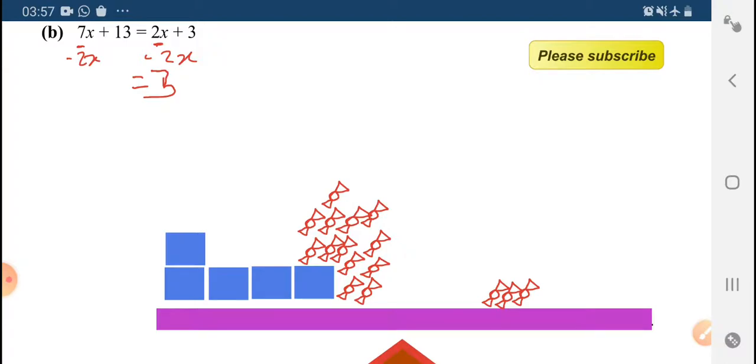On the left hand side now, we've got to do 7x take away 2x, which we know is 5x. And as you can see, we've got 1, 2, 3, 4, 5 unknowns. This plus 13, nothing's happened to it, so just copy it down.